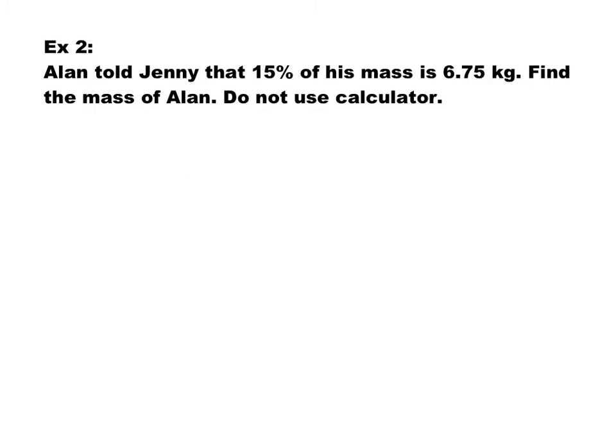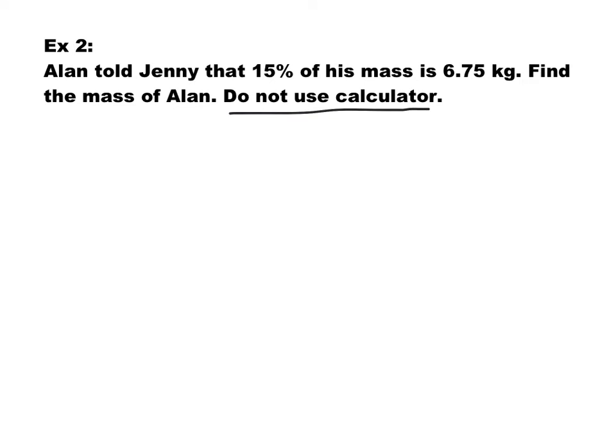The next question says, Alan told Jenny that 15% of his mass is 6.75 kilograms. Find the mass of Alan. Do not use calculator. So if we call the mass M, 15% of mass means 0.15 times M is going to be 6.75.